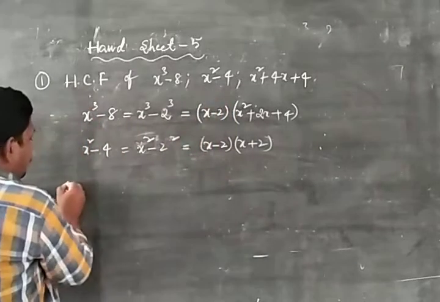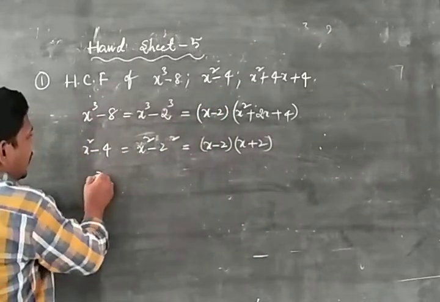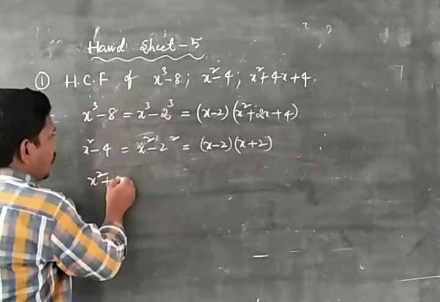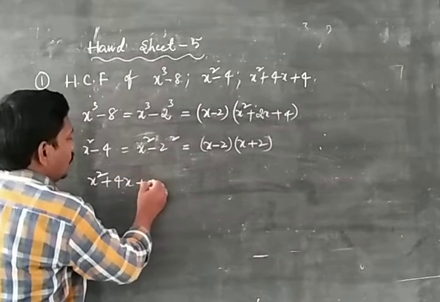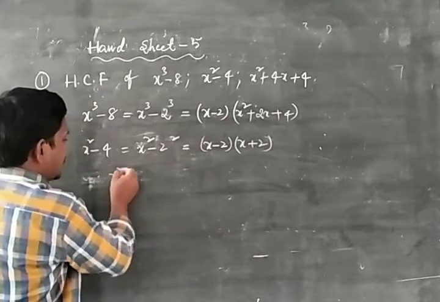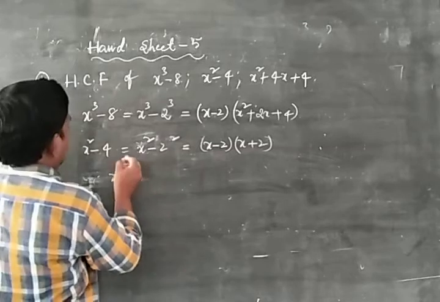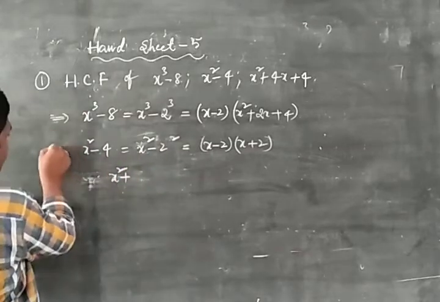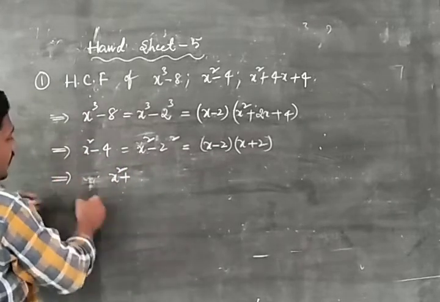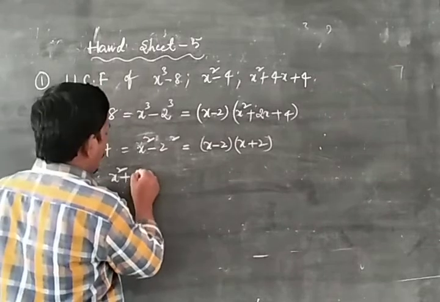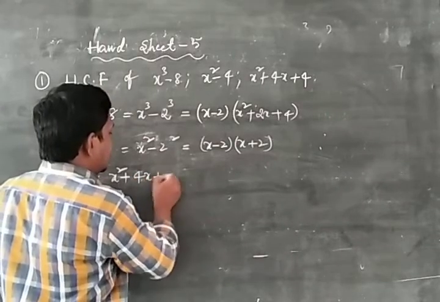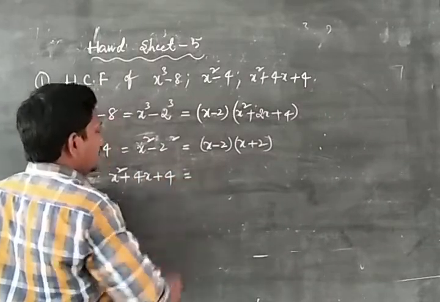And the last one. x square plus 4x plus 4.